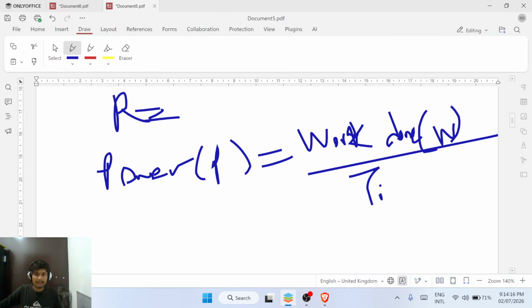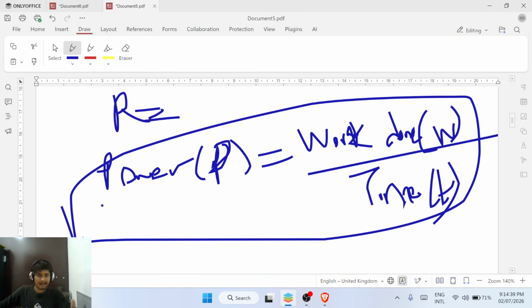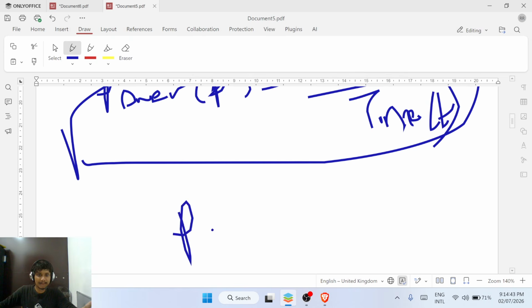We already studied this in advanced level physics, and I think also in grade 9 science physics. Power P is equal to work done W by T.